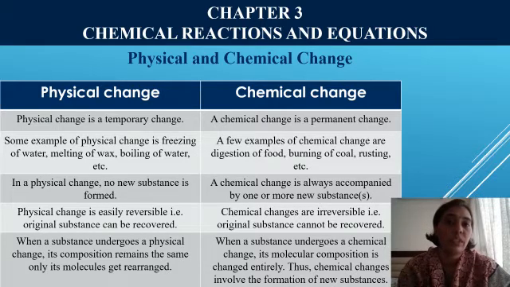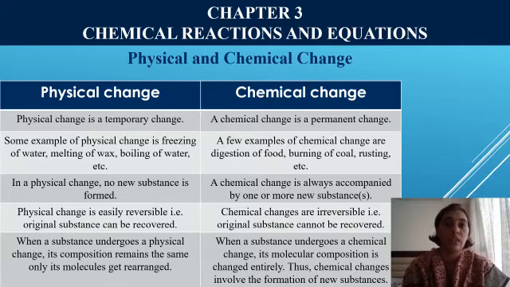Or in other words, we can say that whenever a chemical change takes place, it is always associated with a chemical reaction, which we are going to study next. So this is a very important point: every chemical change is associated with a chemical reaction, and the reaction takes place between substances which are called reactants, that is, those substances which react with one another.